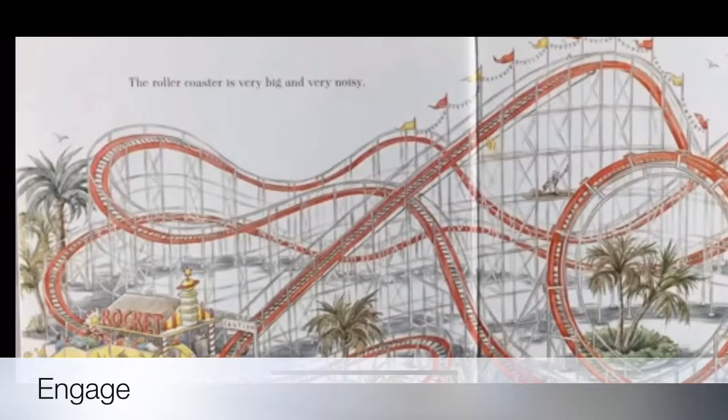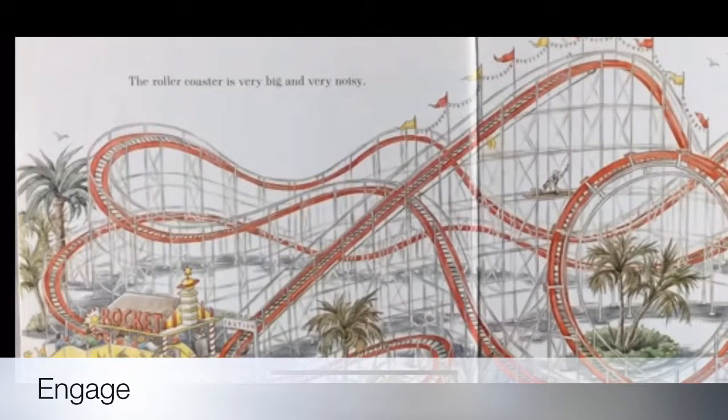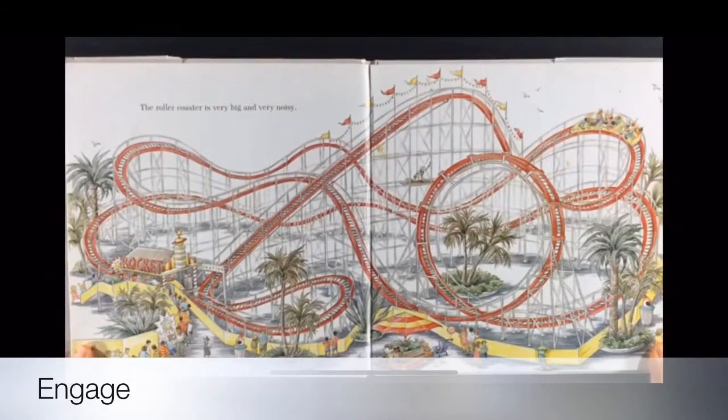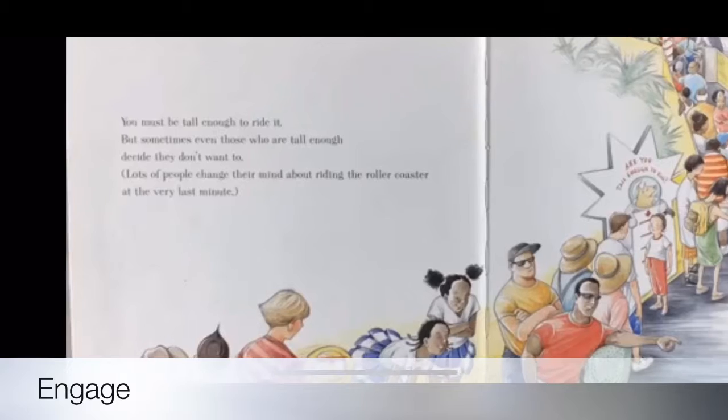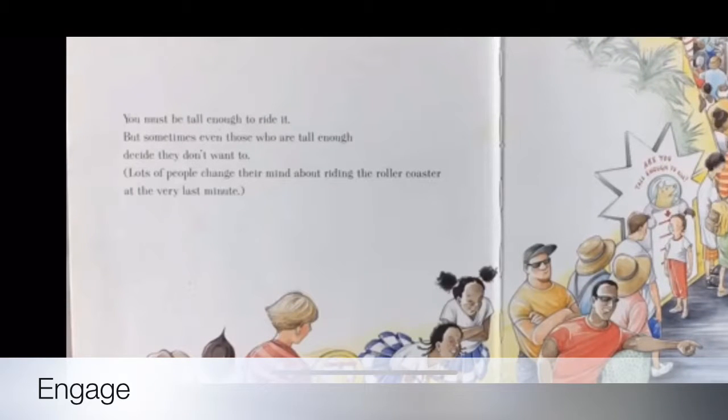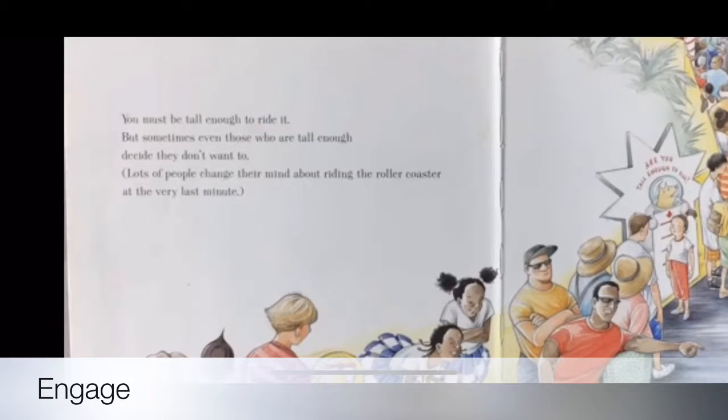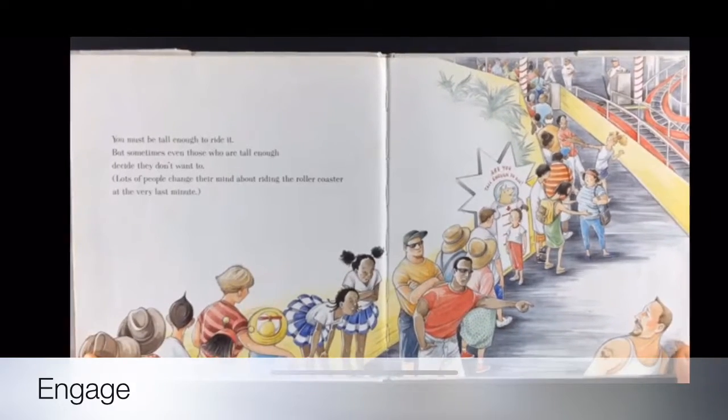The roller coaster is very big and very noisy. You must be tall enough to ride it, but sometimes even those who are tall enough decide they don't want to. Lots of people change their mind about riding the roller coaster at the very last minute.